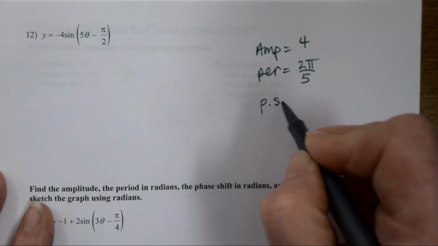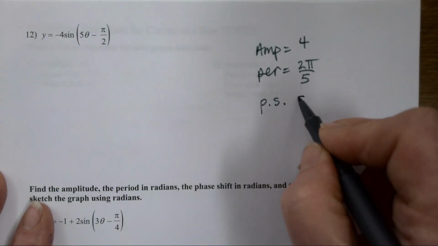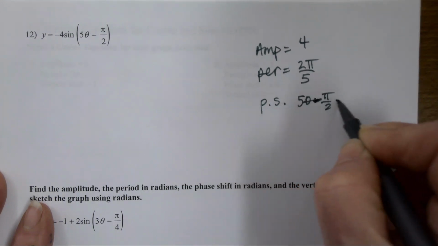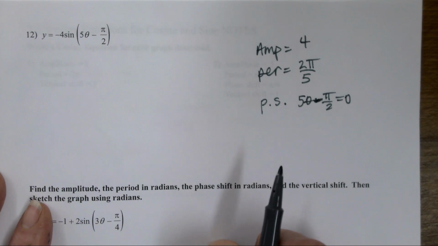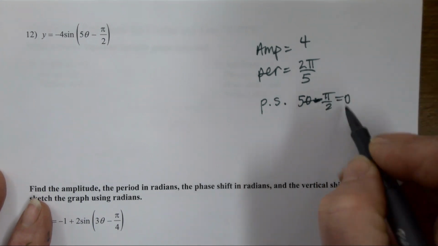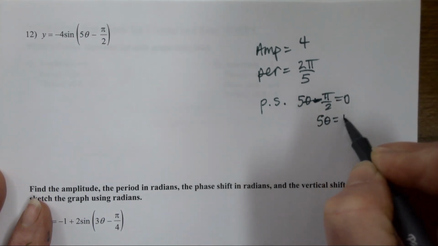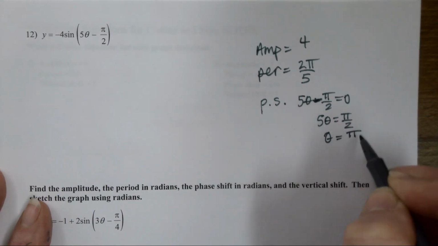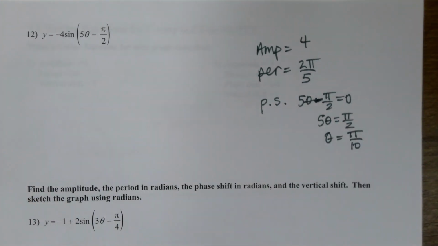Phase shift is when 5 theta minus pi over 2 equals 0. So which way am I going to shift? To the right, in the positive direction. I'll add pi over 2. I'll divide by 5. Dividing by that 5 blends it into the denominator.